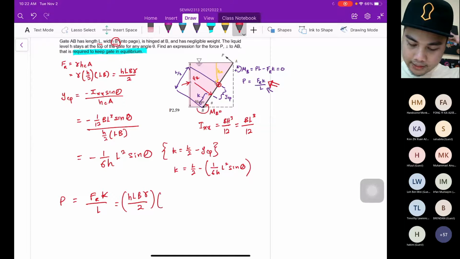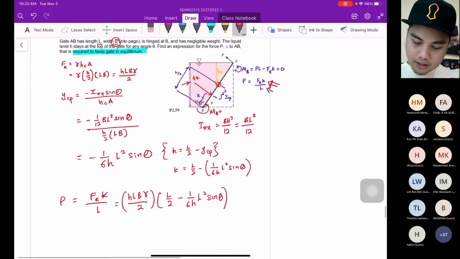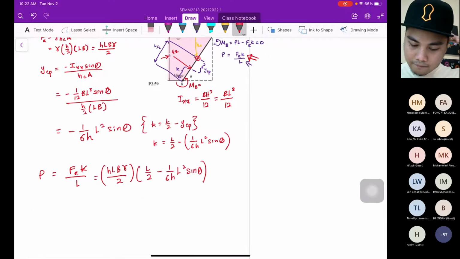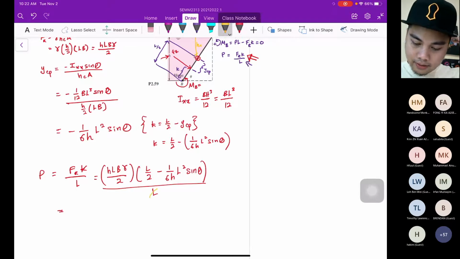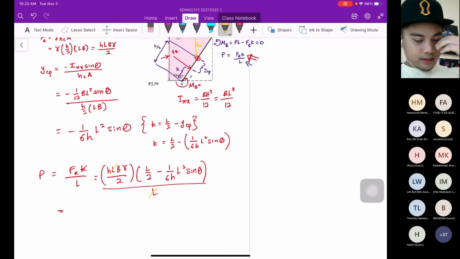And then the K here is L over 2 minus with 1 over 6H L squared sine theta, over L. So you simplify L, only L, because this is factor.